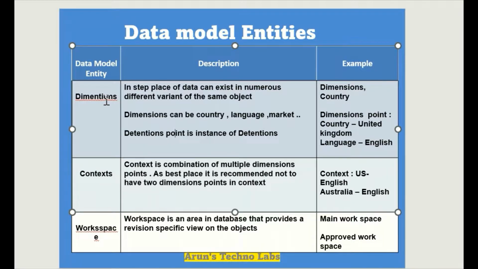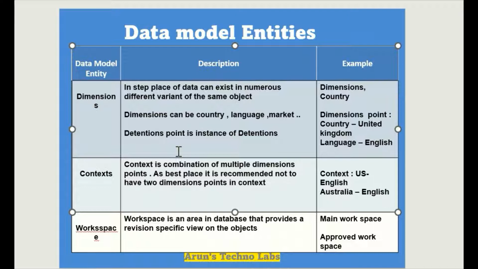So the next attribute is dimensions. Okay, spelling mistake. So the dimensions is country specific, like the tax information, legal information. All of it can be stored. It is country specific.